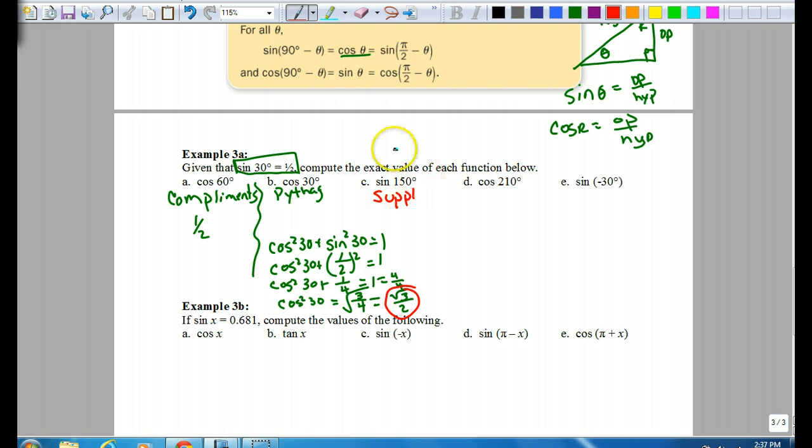Okay? And if I take 180 minus 150, that equals what? 30. Okay? So sine 30 equals sine 150. So what's my answer going to be on this one? 1/2. Yep, because it already told us right here, sine 30 is 1/2.